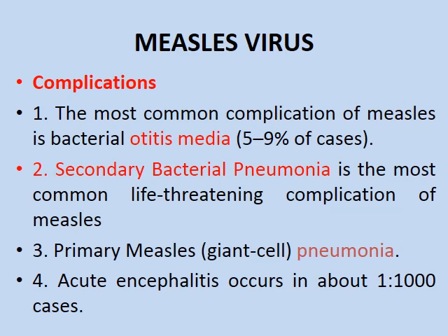Acute encephalitis occurs in about 1 in 1,000, and may develop after 1 month of measles infection. Mumps virus, as we said in the last lecture, causes aseptic meningitis, while measles causes acute encephalitis.